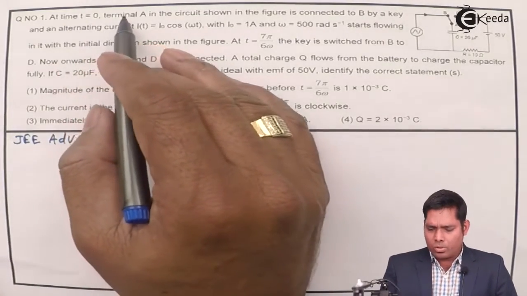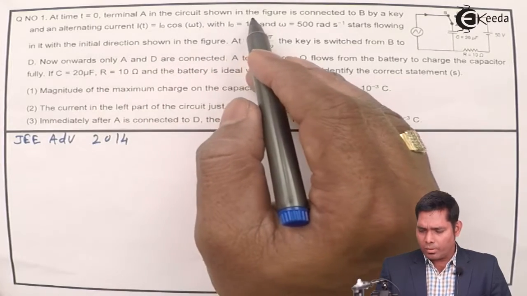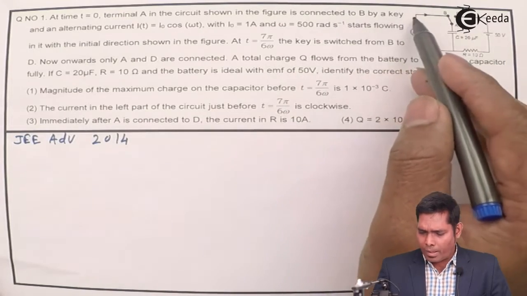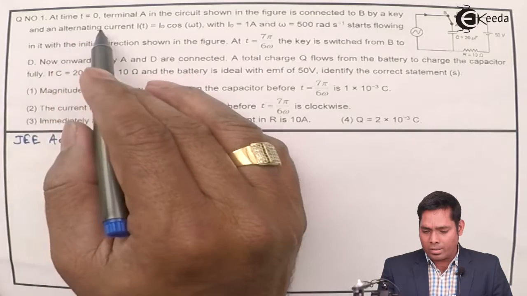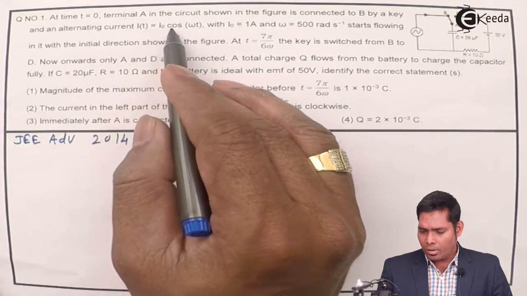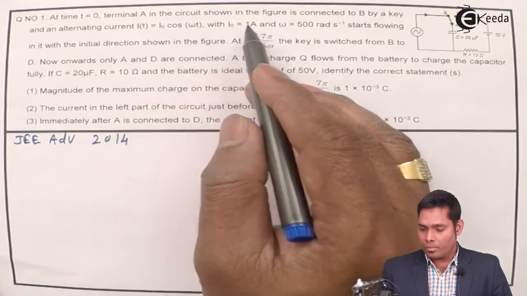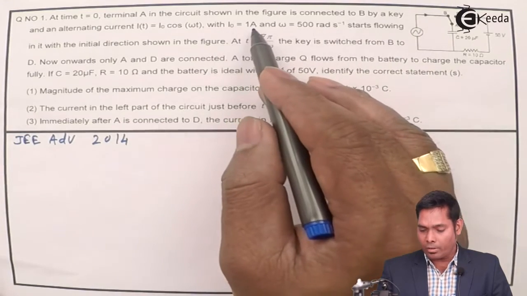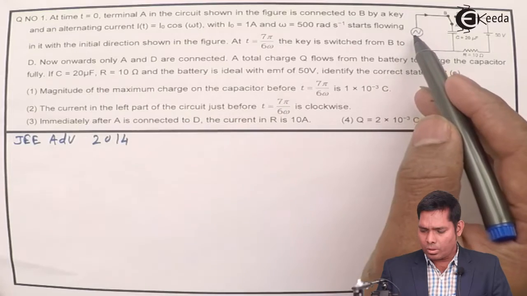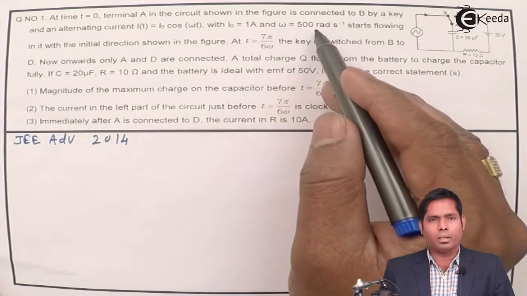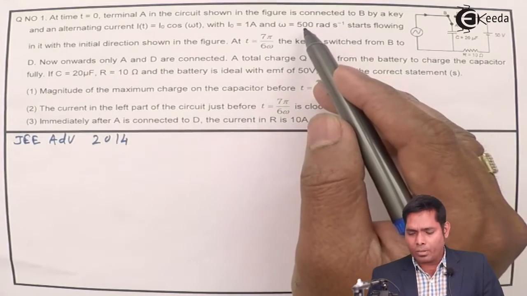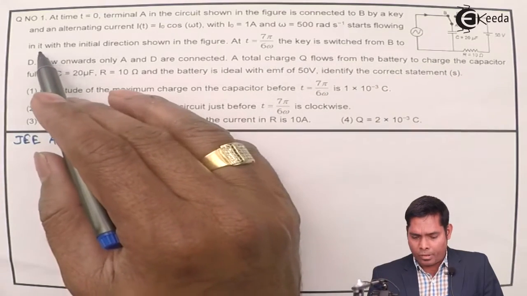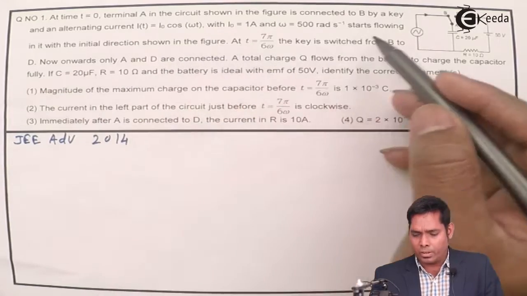At time t equals 0, terminal A in the circuit shown in the figure is connected to B by a key, and an alternating current I(t), which is I naught cos omega t, with I naught equal to 1 ampere, so the maximum current is 1 ampere, and omega, the angular frequency, is 500 radian per second, starts flowing in it with the initial direction shown in the figure.